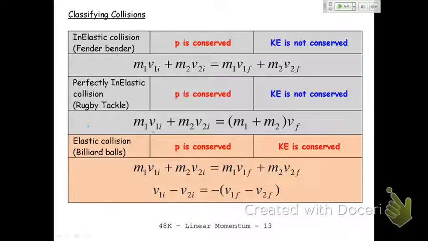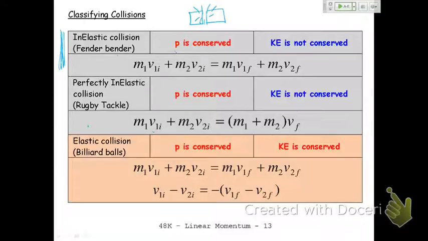So we have the so-called inelastic collision. There's two flavors to this. There's the inelastic, which is basically a fender bender, two cars hitting each other and then scurrying off. There's a lot of heat and sound and fury. Kinetic energy is not conserved. So there's our inelastic collision.